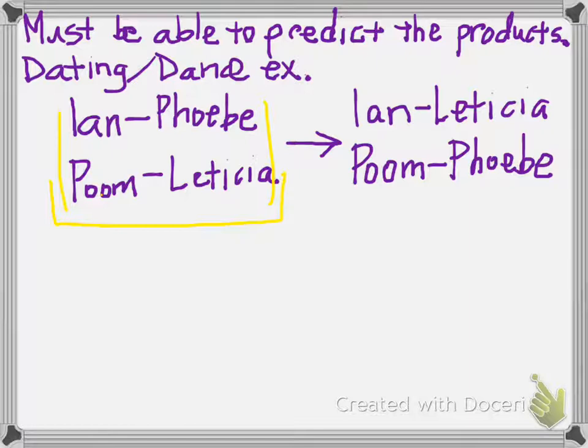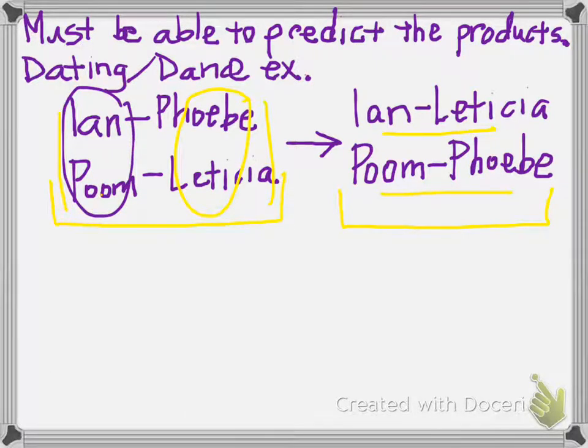Again, our products here, we still have two compounds, because we have Ian and Leticia, Poom and Phoebe, but notice that they are different compounds than what we started with. The most common mistake is that we put two of the same together.